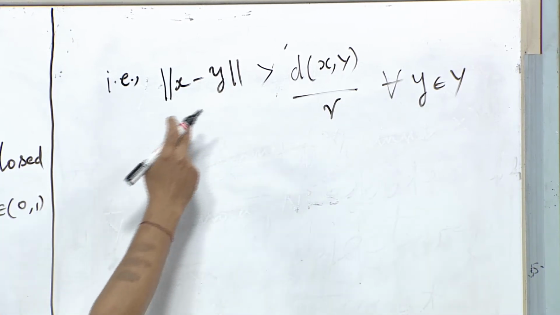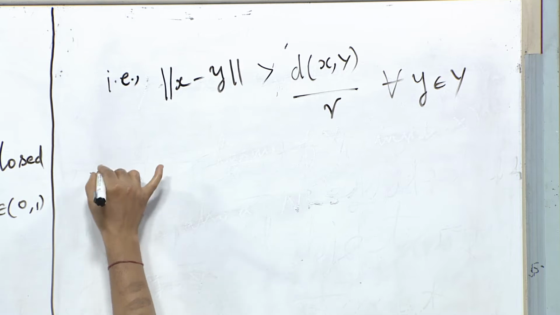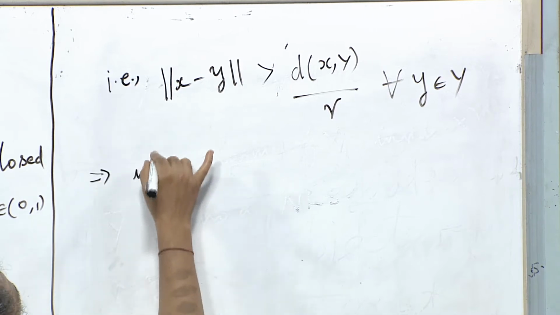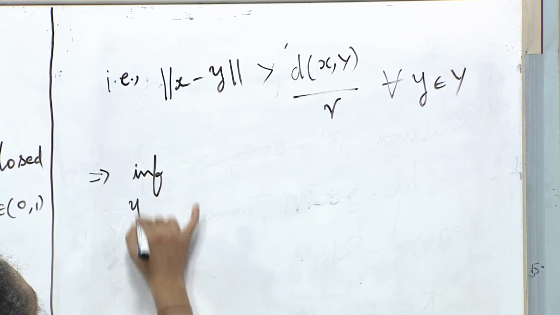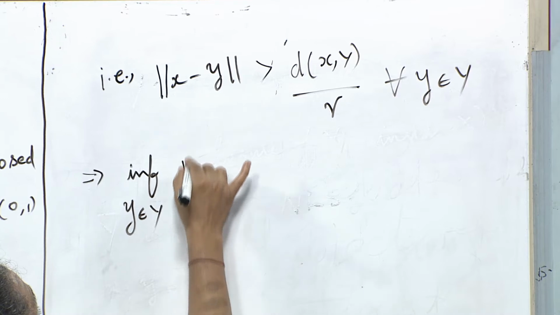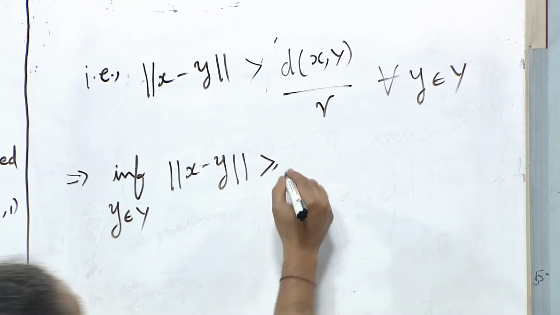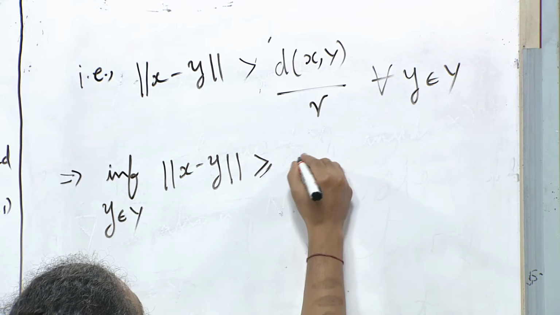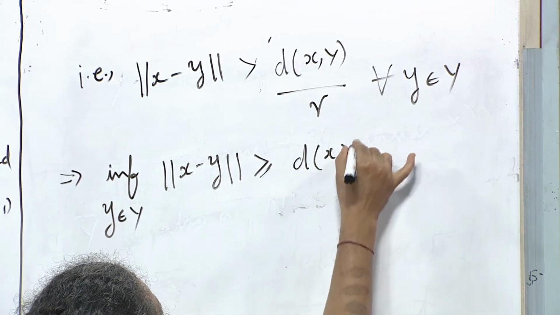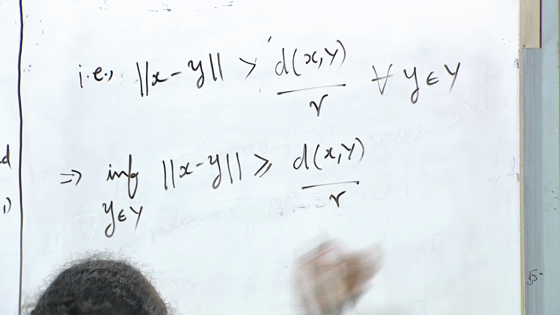So, taking infimum over all y in Y, this will give us that the infimum of norm x minus y is greater than or equal to the distance between x and Y whole upon r.